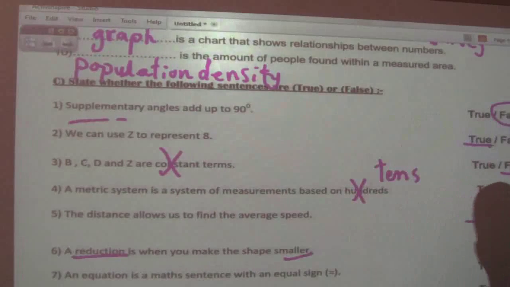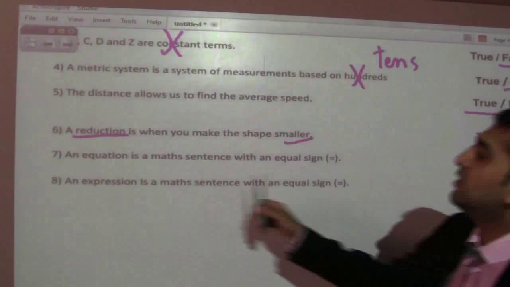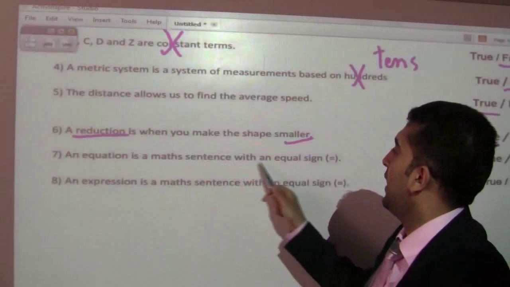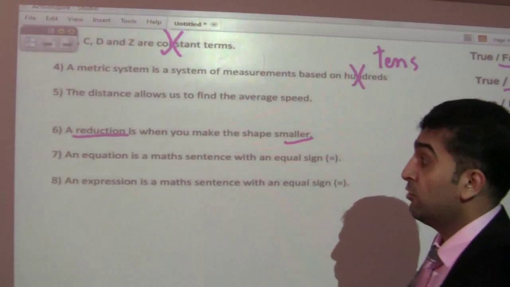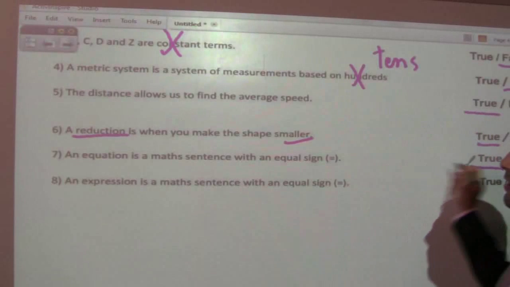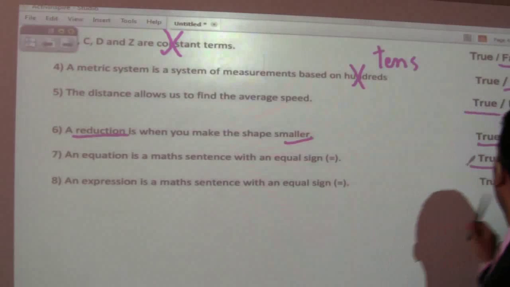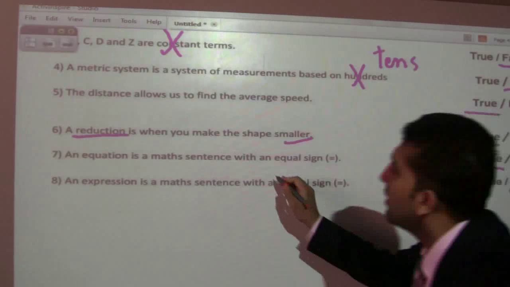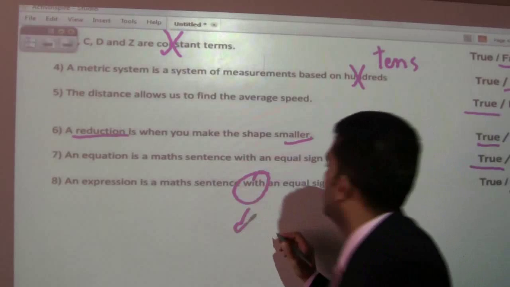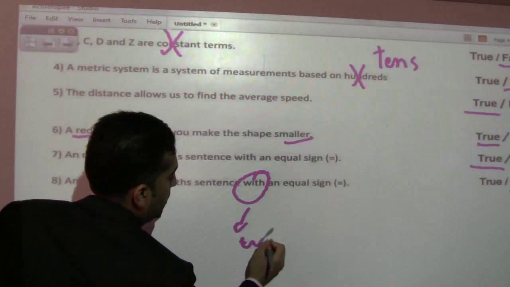Number 7, an equation is a math sentence with an equal sign. Is it true? Yes. An expression is a math sentence with an equal sign. No, it's false because it's without, not with it.